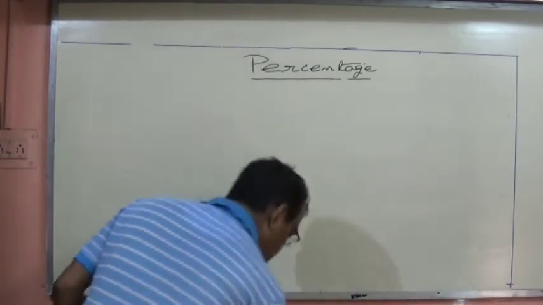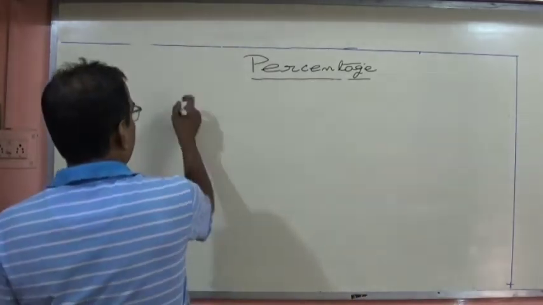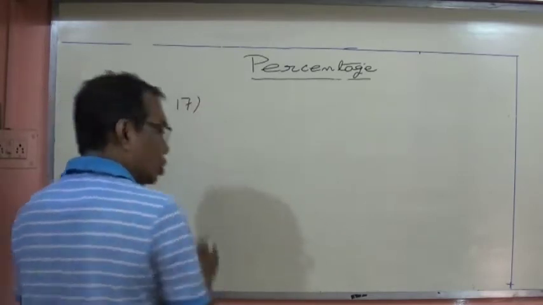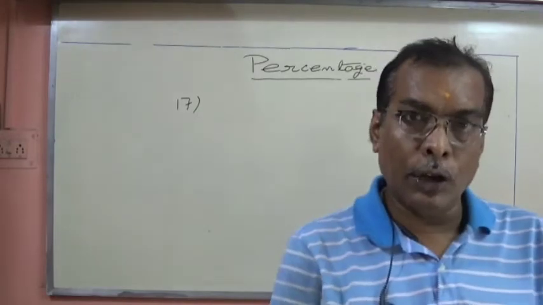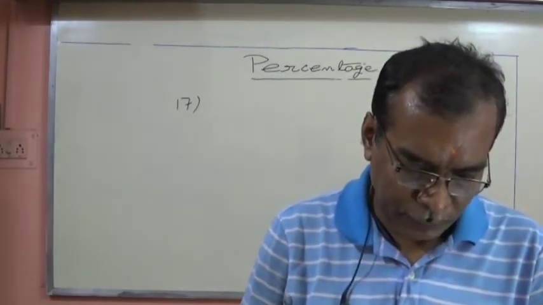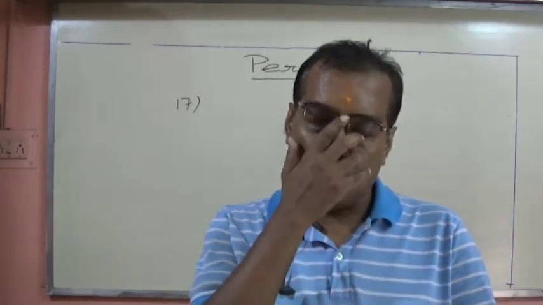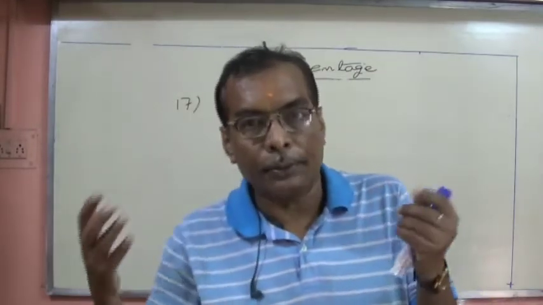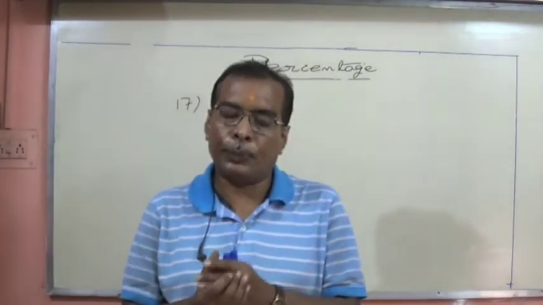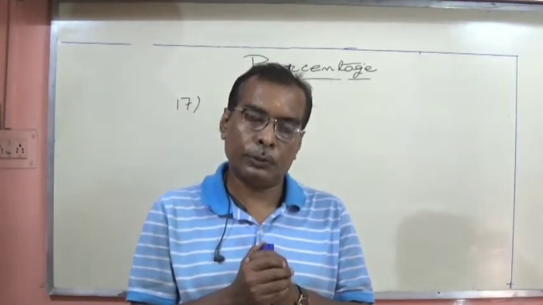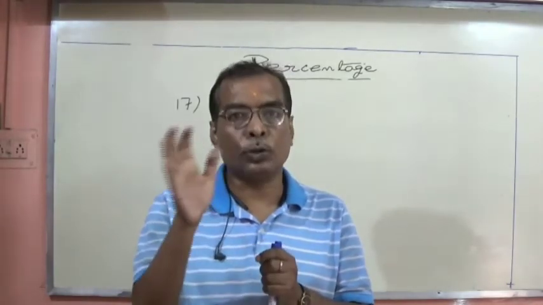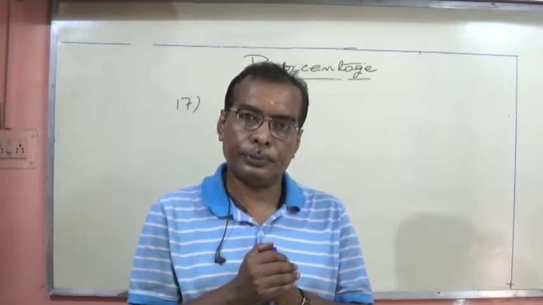Question number 17. A good question it is. The question is, the value of a machine depreciates every year 20%. Depreciation means the price becomes less. Suppose today I have purchased one scooter or bike, say for rupees 60,000.